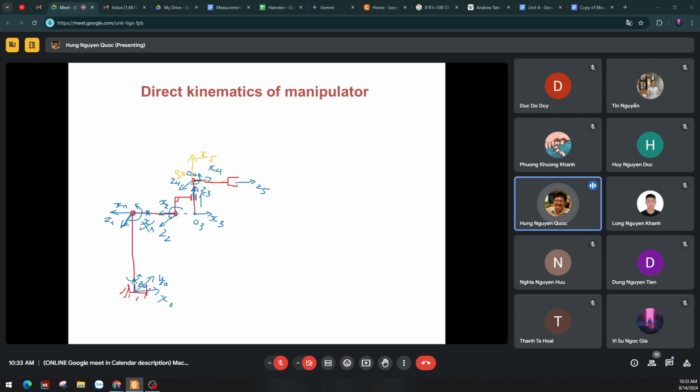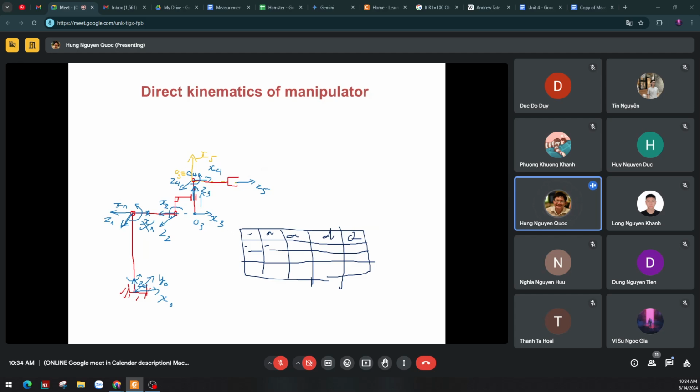Of course, from this one, I want to give you the d, theta, a, alpha parameters, only for one line. So how about two?